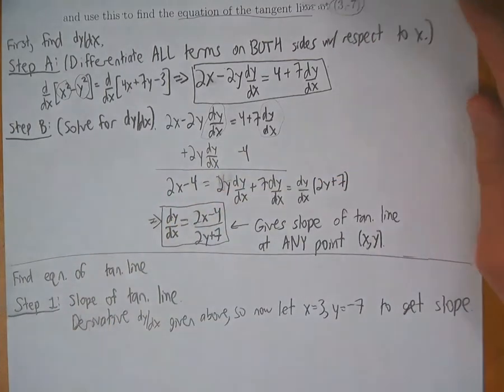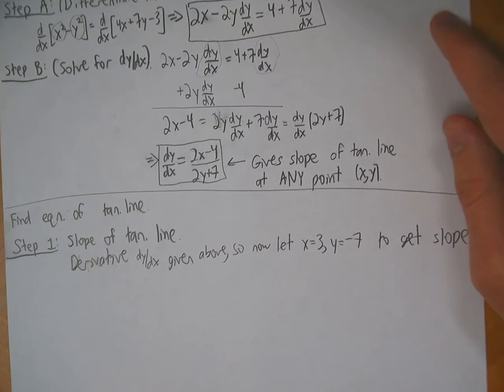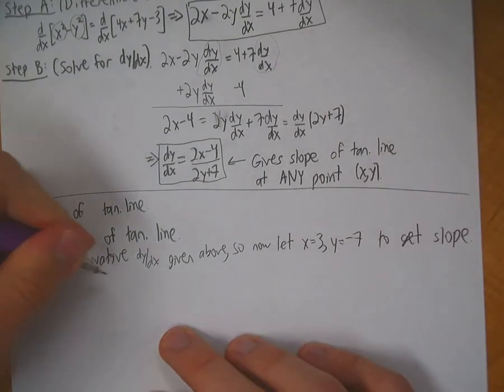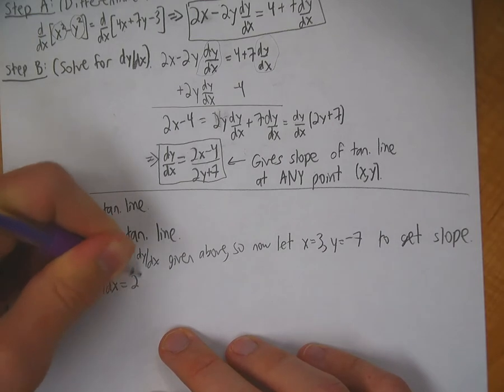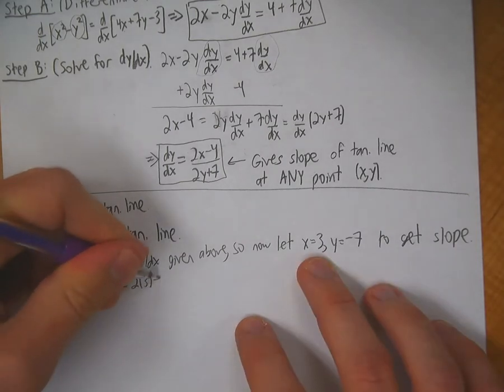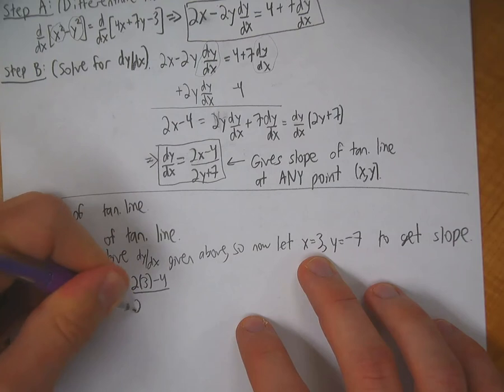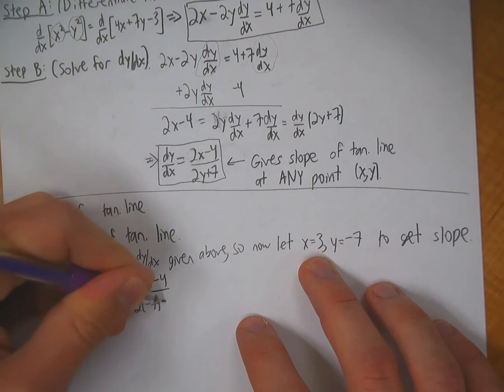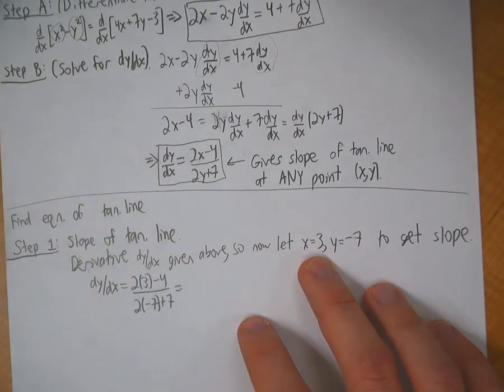Okay. So here we have, all right, well, dy dx equals 2 times 3 minus 4 over 2 times -7 plus 7. Okay?